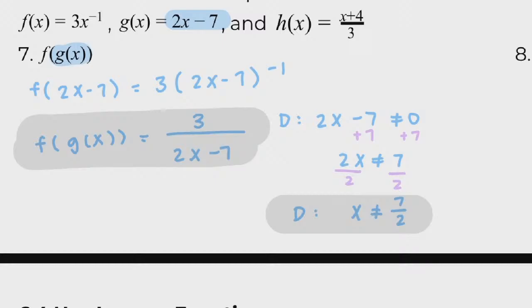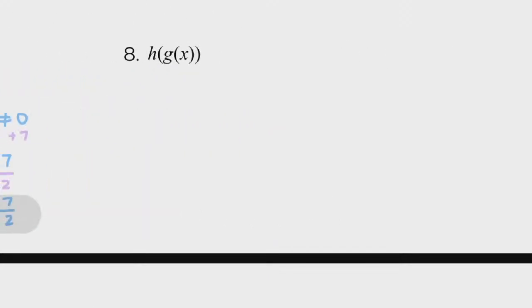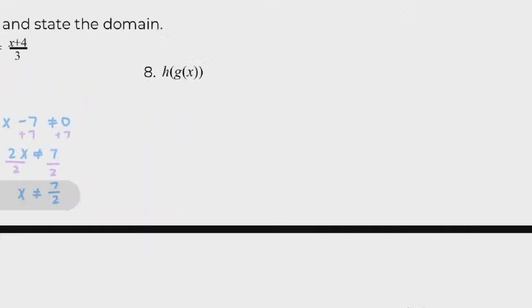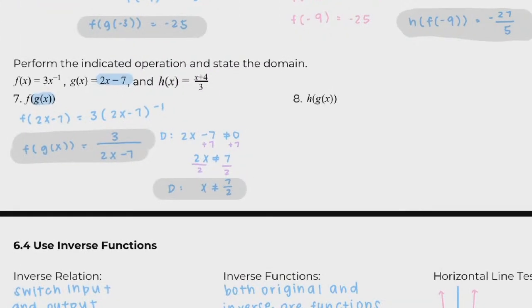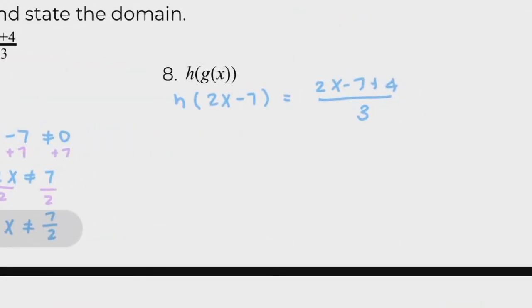Okay, and then for the last one, we want to find h of g of x. So in the h equation, I want to replace all of the x's with 2x minus 7. So that'll be 2x minus 7 plus 4 over 3. And then I'm going to simplify.